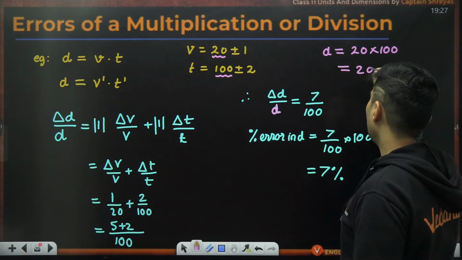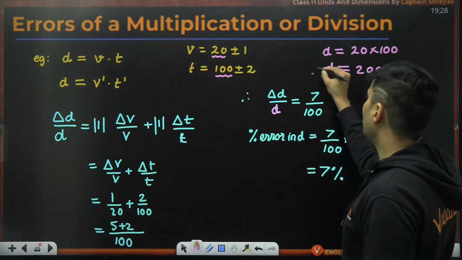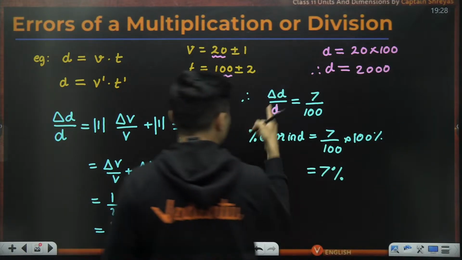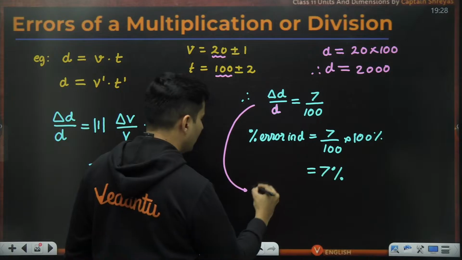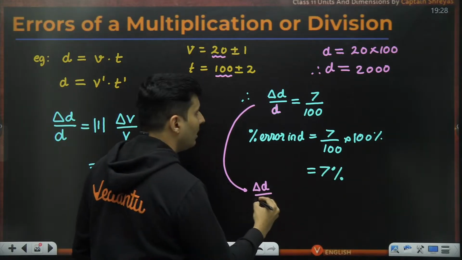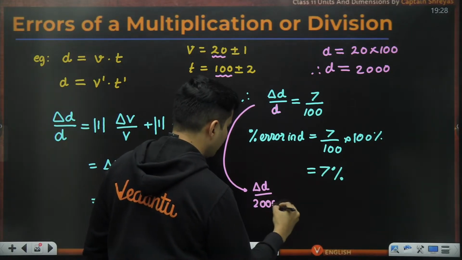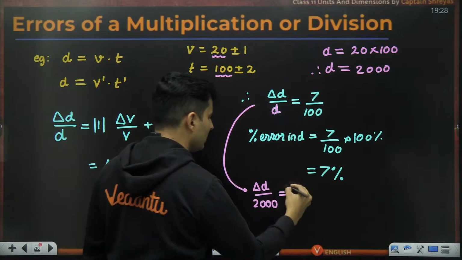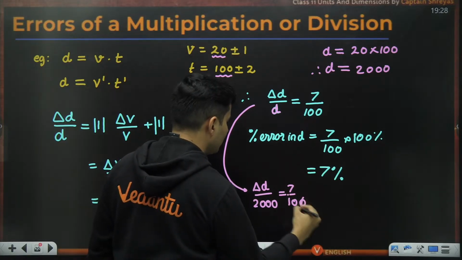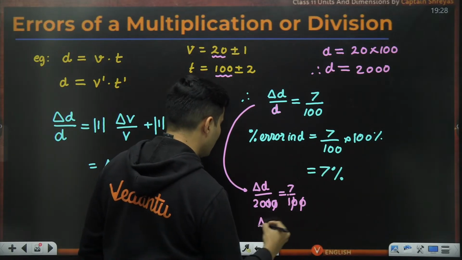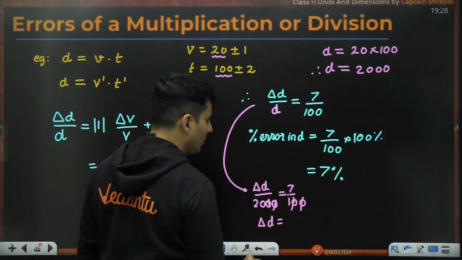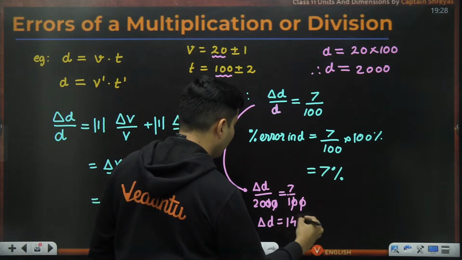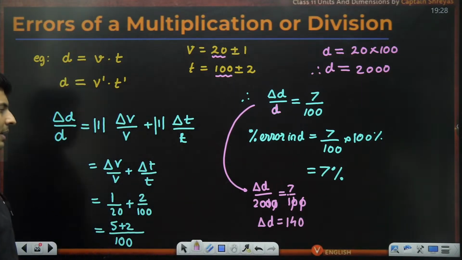So D will be nothing but 2000. If you substitute it over here, it will be delta D divided by 2000 equals 7 by 100. The zeros cancel, so delta D will be 7 into 20, which is nothing but 140.